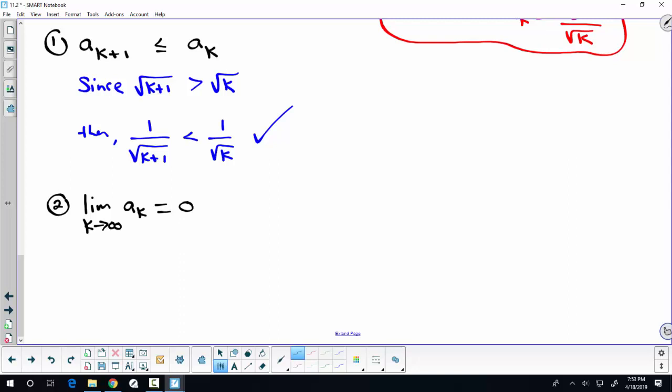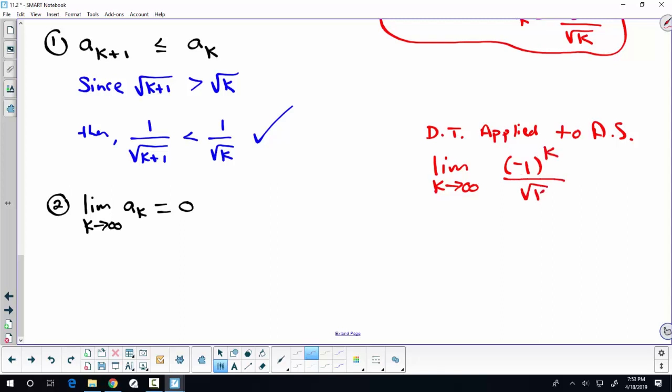Because we left off the alternating part. So the divergence test applied to the alternating series looks like this. Limit as k approaches infinity of (-1)^k over root k. That's the divergence test applied to that series. We're only applying the limit as k approaches infinity to a part of that series.